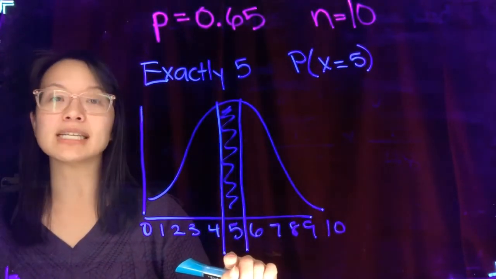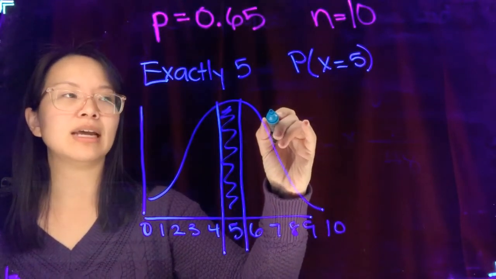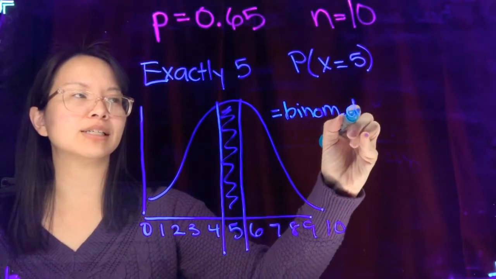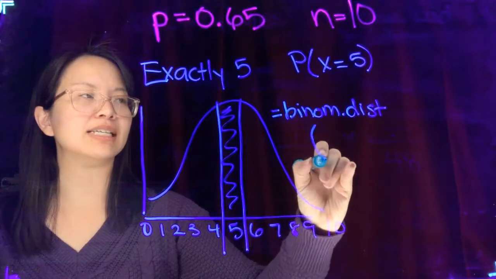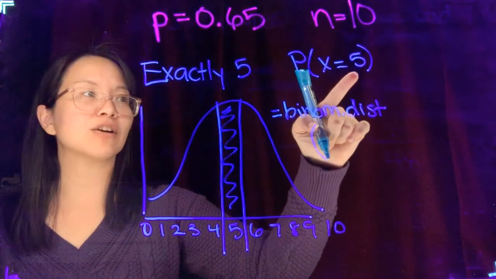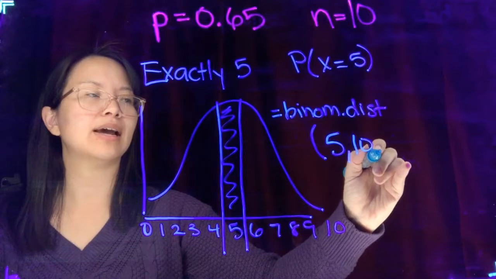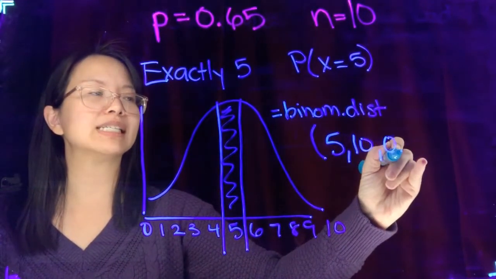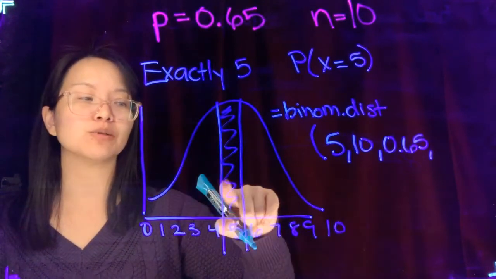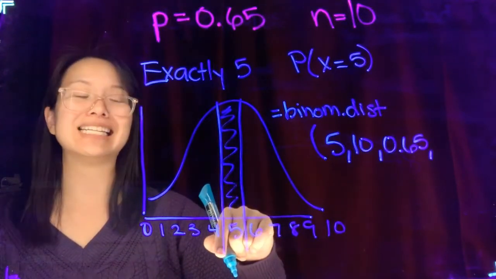We use Excel in this class, so in Excel you would type in equals binom.dist, parentheses. I'm running out of space, so I'm just going to write it below. We're going to put x is our 5, our n of 10, our p of 0.65, and because we're not adding up multiple values, we're just interested in a single value, that's the number 5, then it's not cumulative.